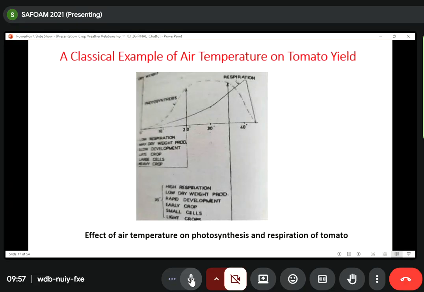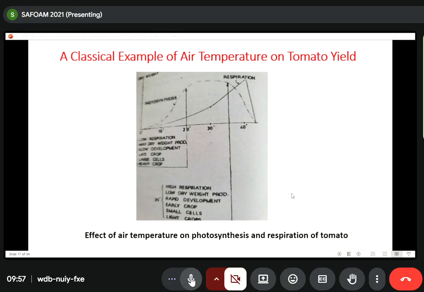A classical example is the effect of air temperature on tomato yield. Here we have shown how respiration and photosynthesis are regulated at different air temperatures. You can see how the variations are made.